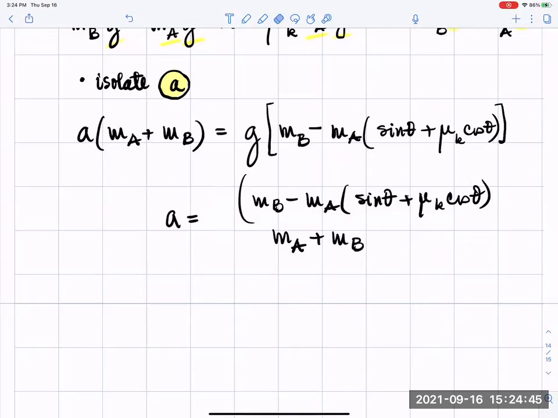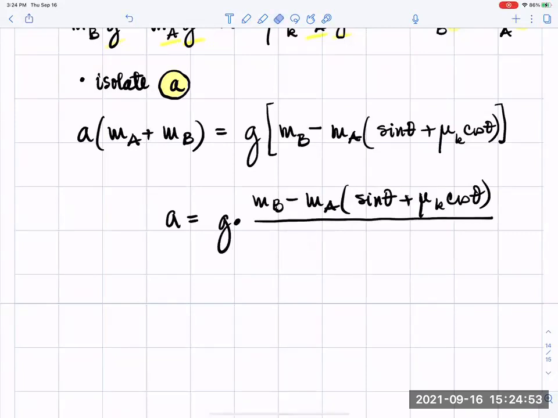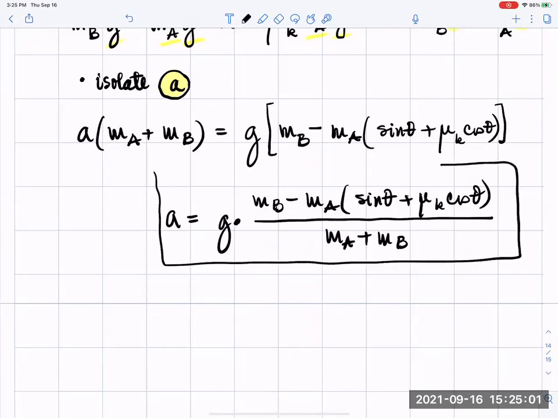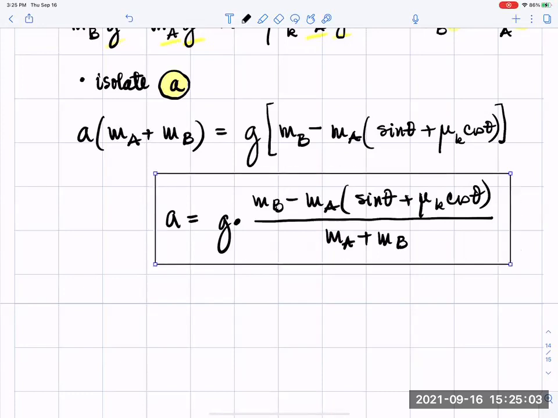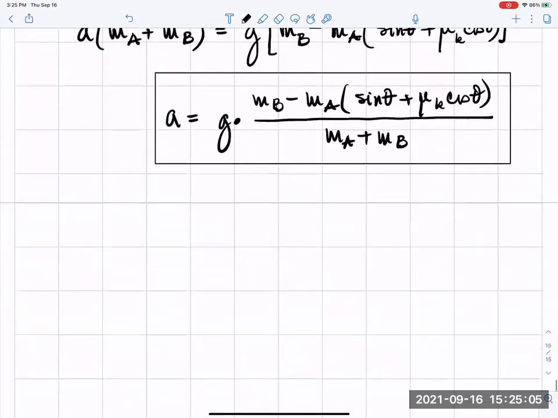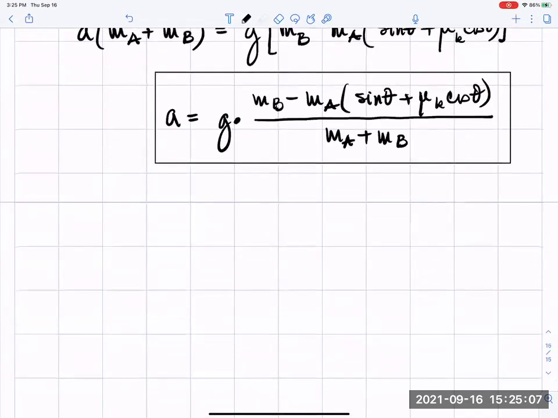You can write it even better if you put this g in front nicely, and then just a fraction line right there. Of course, for problems where M A and M B are different, you cannot just simplify them. If they are equal and they tell you it's equal to M, now you can feel free to cross them off.